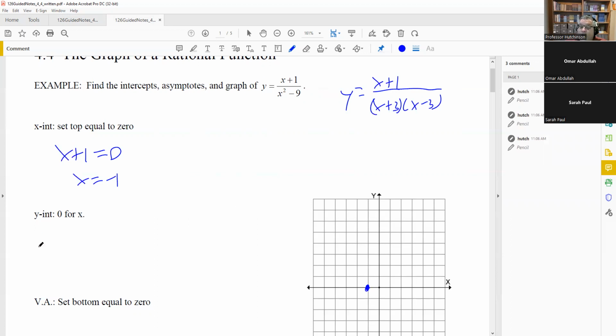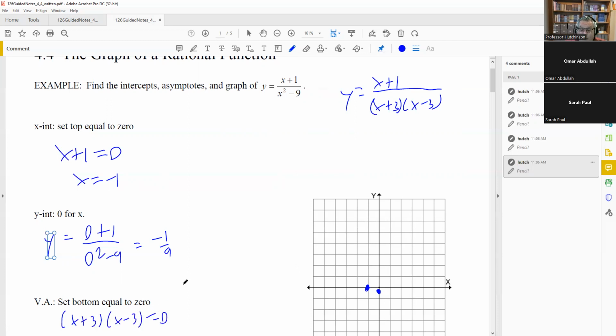Y-intercept, you put a 0 in for all the x's. 0 plus 1 over 0 squared minus 9. That's going to give you -1/9. So that's going to be about right here, just slightly below the x-axis there. So now it goes through those two places. Vertical asymptote, you're going to set the bottom equal to 0. x plus 3, x minus 3 equals 0.